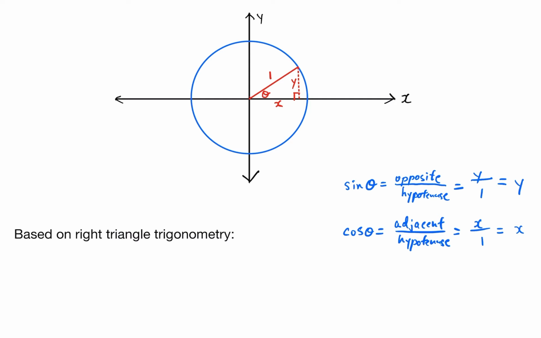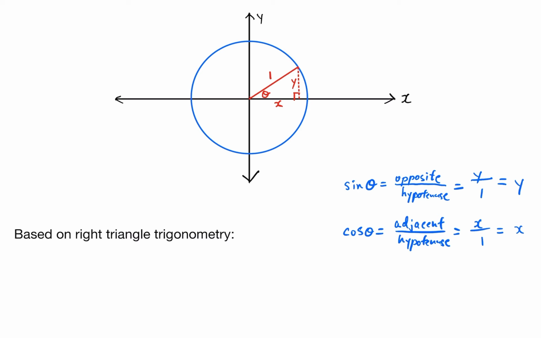So if you think about it this way, we know that x is equal to cosine theta. That means that this value here, this length here, is really cosine theta. And likewise, we know that y is equal to sine theta, which means this length here is also sine theta, okay?